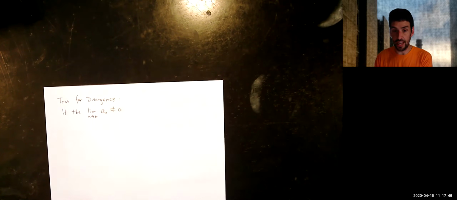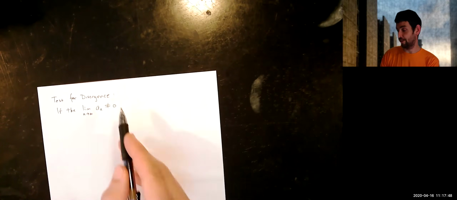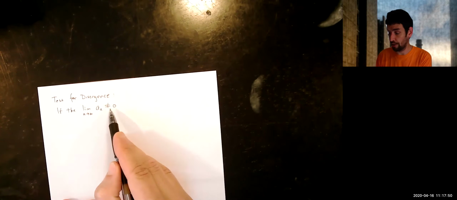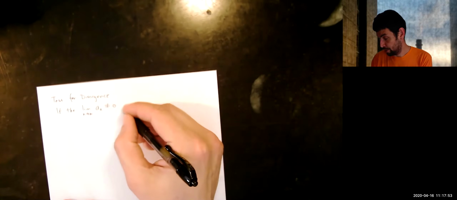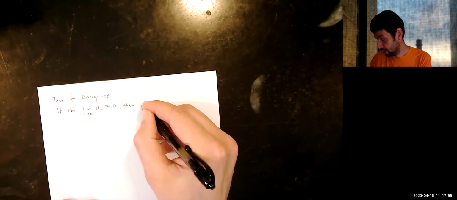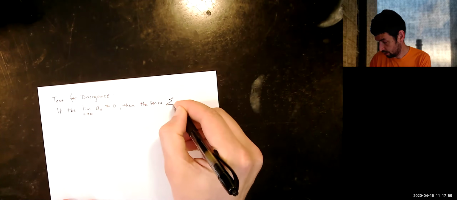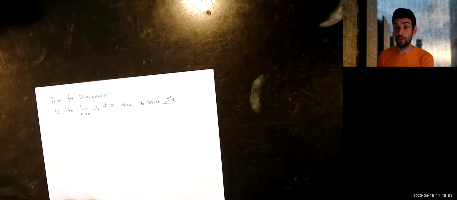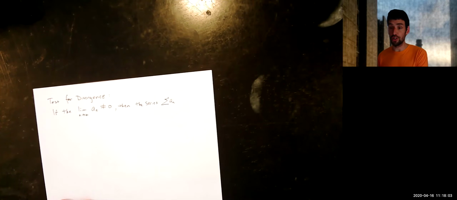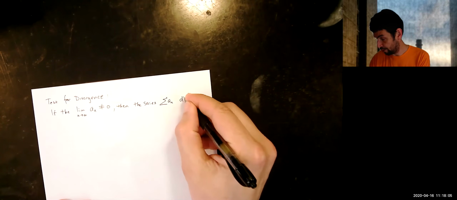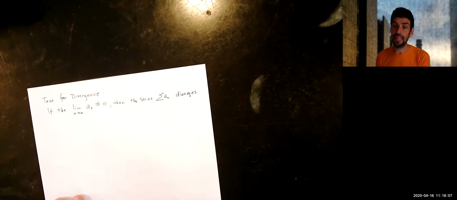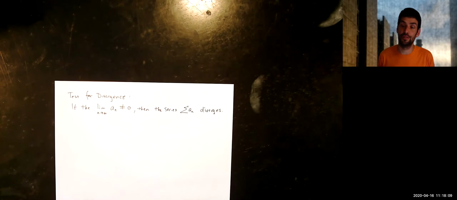If any of those cases are true, the only case that this doesn't apply is if it does equal 0. Otherwise, then the series of that sequence, the series whose terms are that sequence, diverges. Again, it cannot tell us when something converges, but it can only tell us when something diverges.